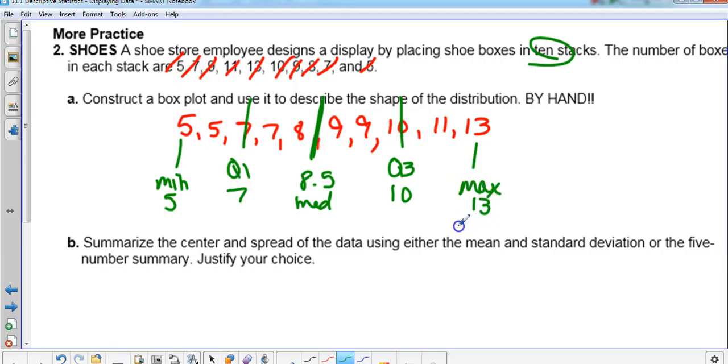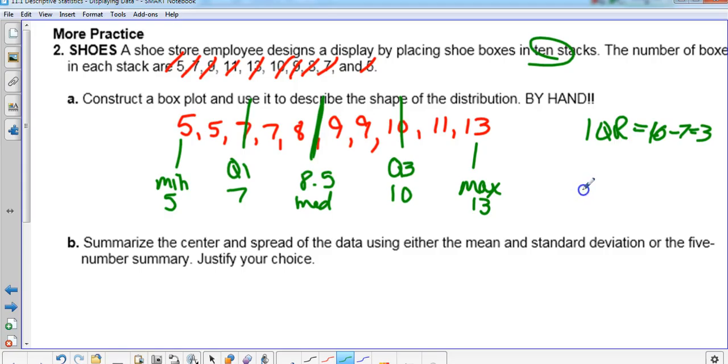What is the interquartile range for this question? Did I not even talk about that yet? It's Q3 minus Q1. In other words, how wide is it between here and here? So it's 10 minus 7 is 3. Sorry. All right, we'll talk more about that in a second.